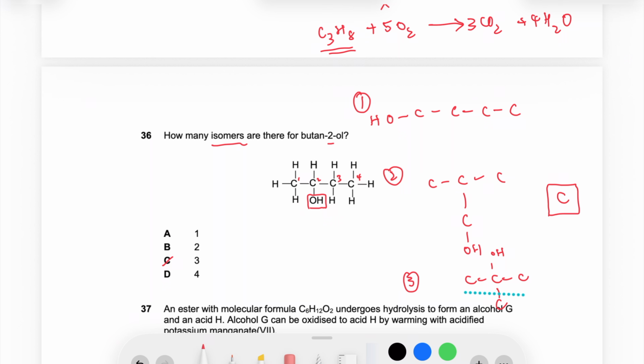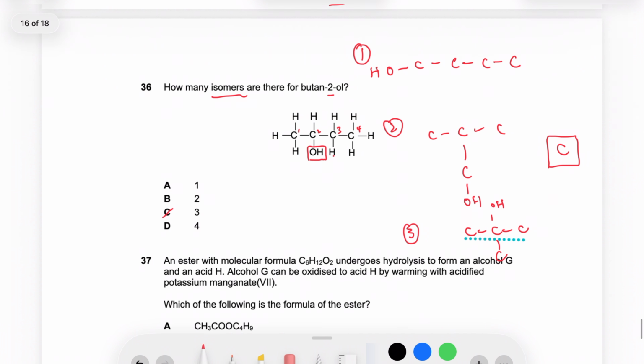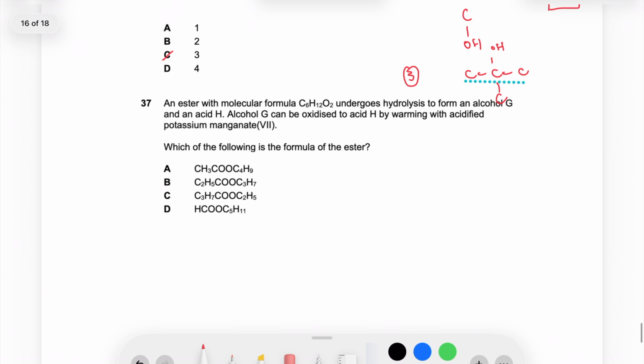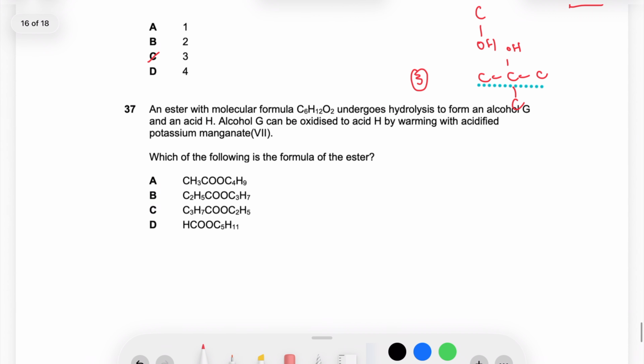Okay, 1, 2, 3, 4, 5, 6, 7, 8, 9 hydrogen. Okay, and 1 OH. Question 37. An ester, okay, so you have this formula. Esters undergo hydrolysis. So basically it's the reverse of esterification. So you go back to get your alcohol and your acid.